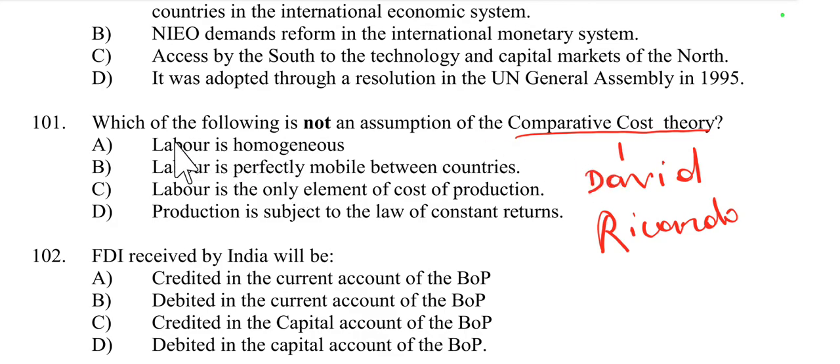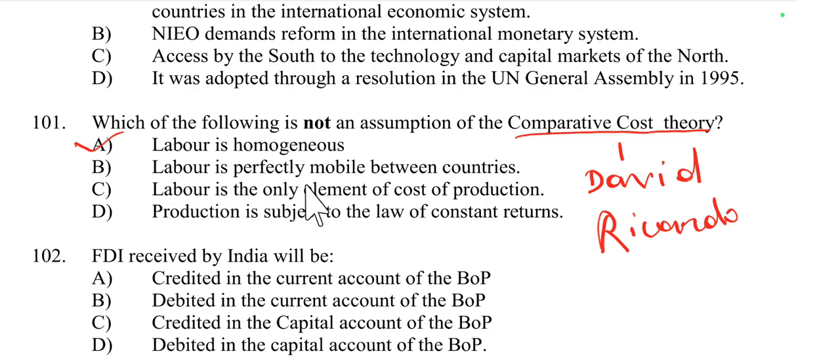So first one is labor is homogeneous. This is right according to comparative cost advantage. This means that labor is assumed to be uniform and of the same quality with no differentiation in skills across workers. So this is right.